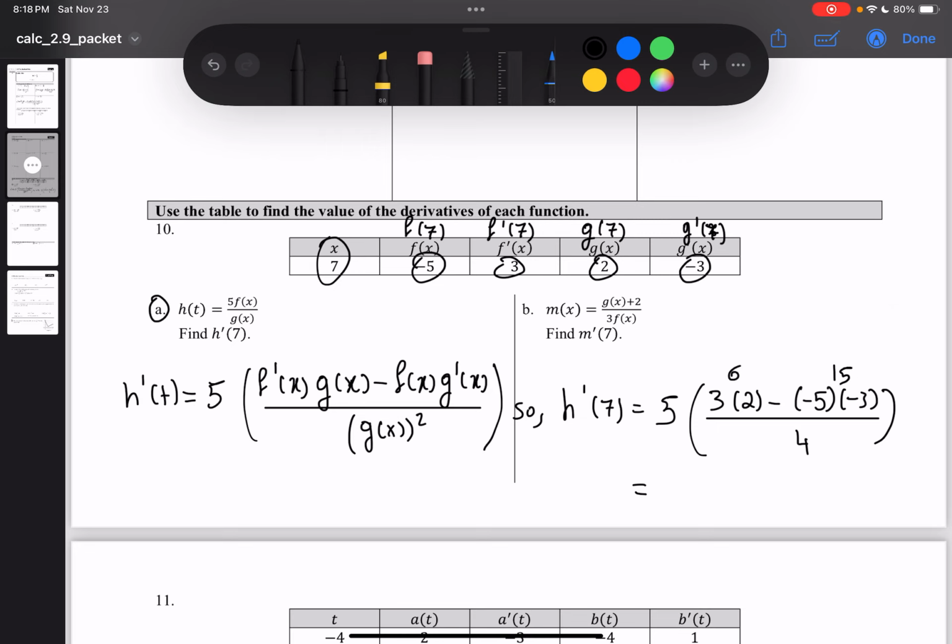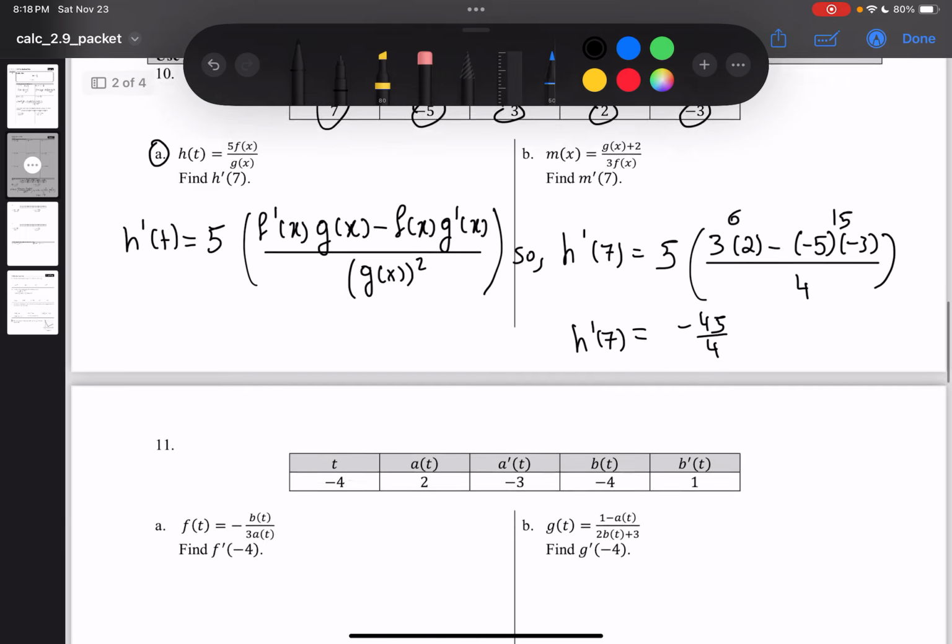This is going to be 15. 6 minus 15, it is going to be negative 9. Negative 9 over 4. Now, negative 9 multiplied by 5 is going to be negative 45 over 4. Unless my calculations are wrong. But yeah, this is basically the answer for question 10, part A.